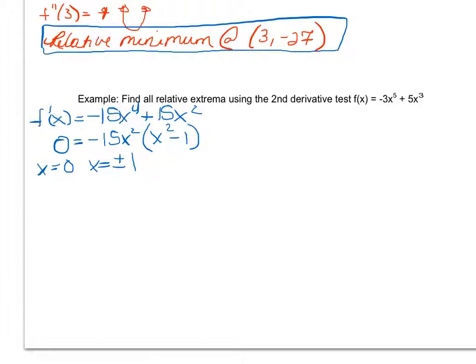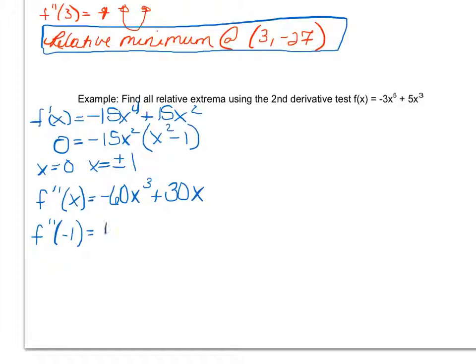So now I find my second derivative so I can plug my critical points into my second derivative. And I get negative 60x cubed plus 30x. So f double prime of -1 is going to give me 60 minus 30, so that's going to be positive. Therefore, if I'm positive, I'm concave up. So therefore, I must have a relative minimum.